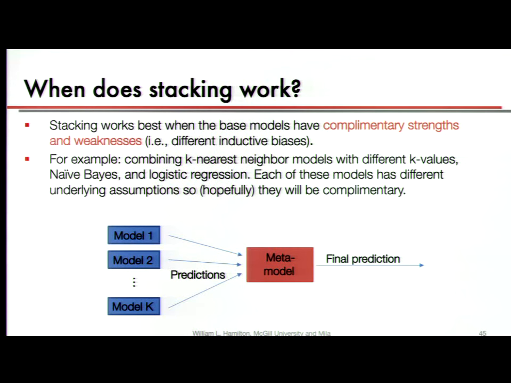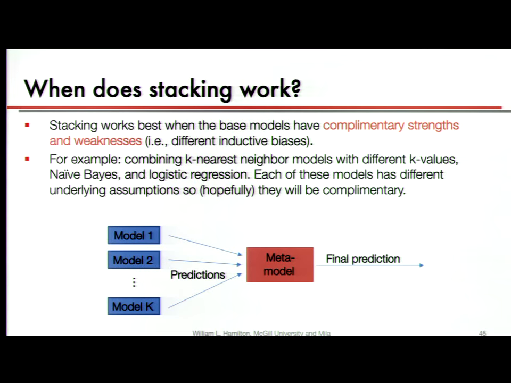This is a good question. The question here is, the intuition is that we really want to combine the strengths of the models, right? Ideally, we want to average away the weaknesses, like the fact that k-nearest neighbors always classifies these kinds of points wrong, but logistic regression gets those right, so let's listen to it. So how do we actually make sure that we're getting the combination of strengths and not the combination of weaknesses?